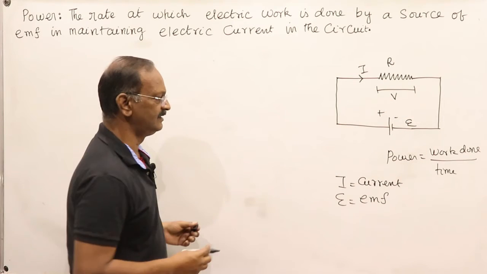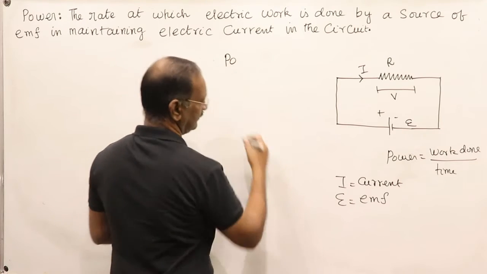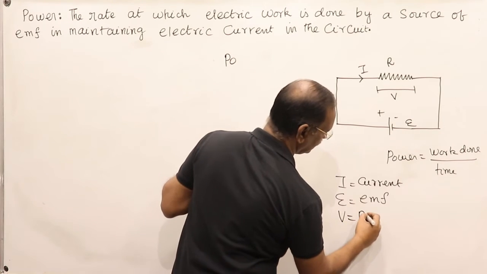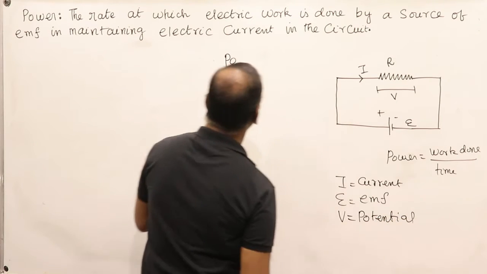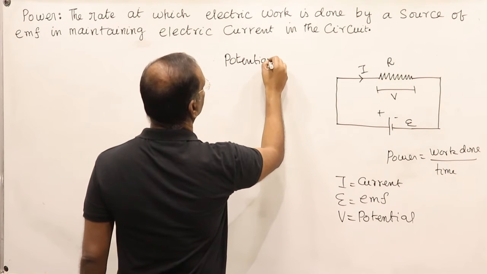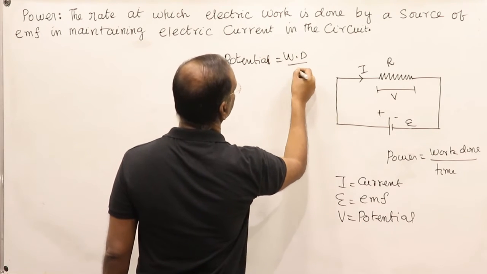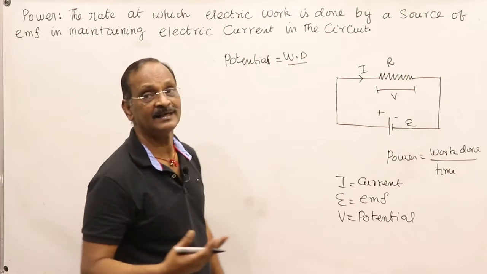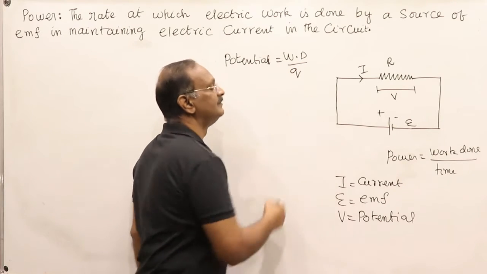Now, as we have seen in electrostatics, V is the potential, equal to work done by a charge.